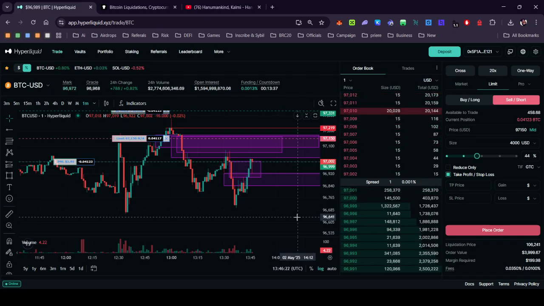One minute short is rejecting into an inverted fair value gap so quick.